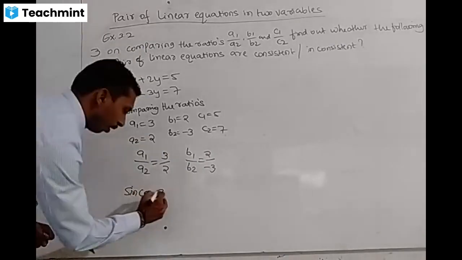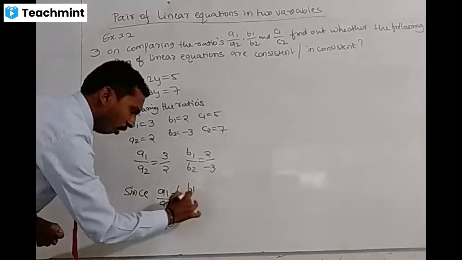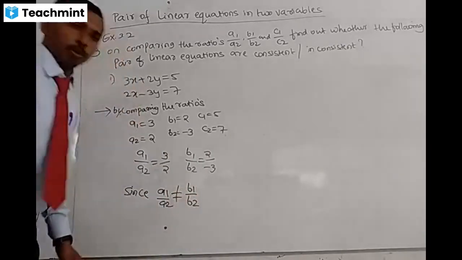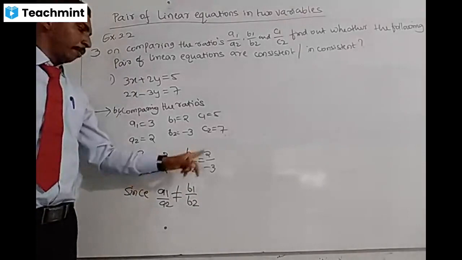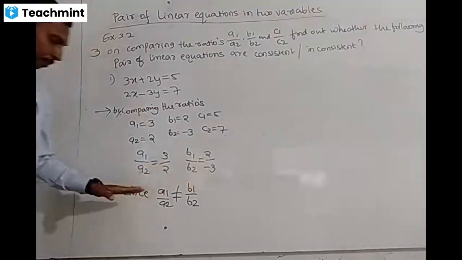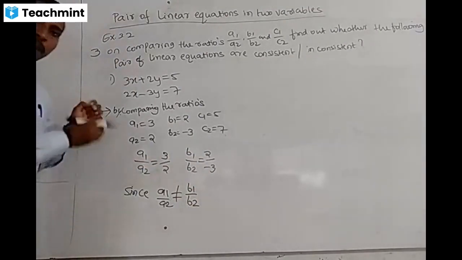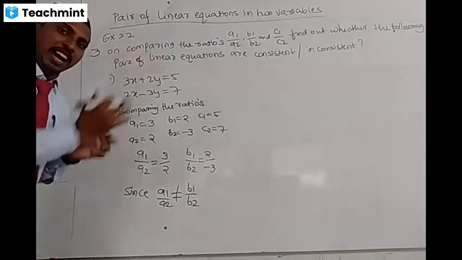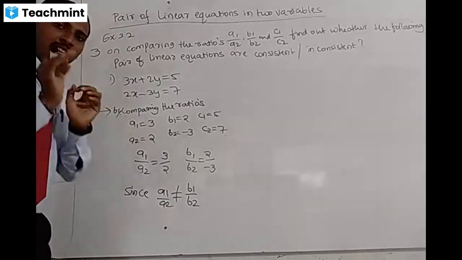Since A1 by A2 is not equal to B1 by B2, then the given pair of linear equations represent which line? Yes, they are representing intersecting lines.